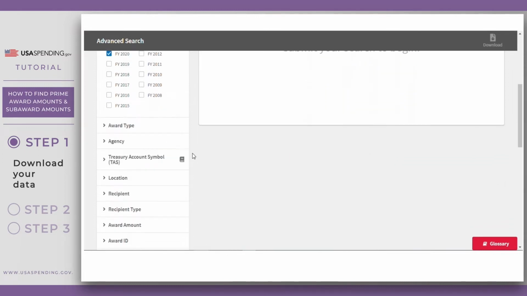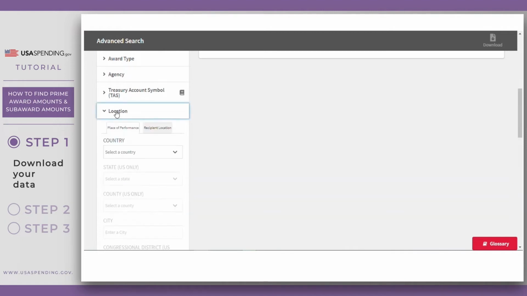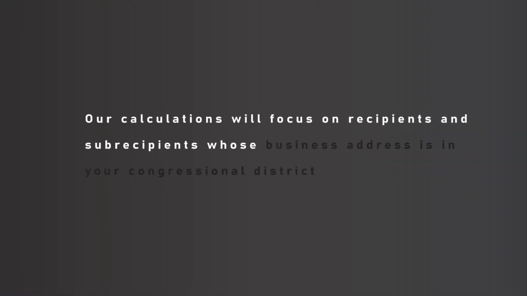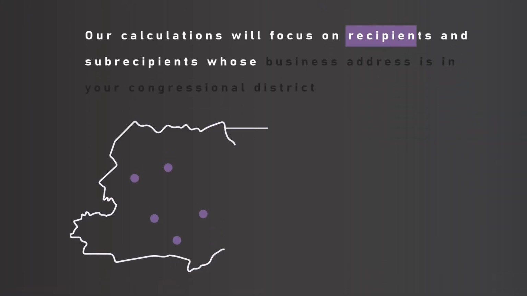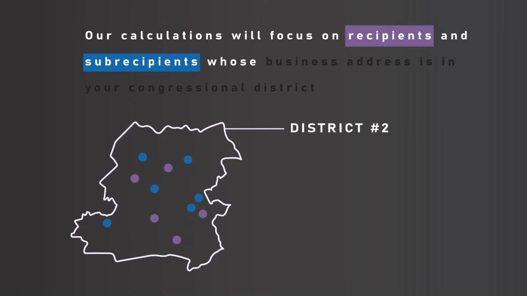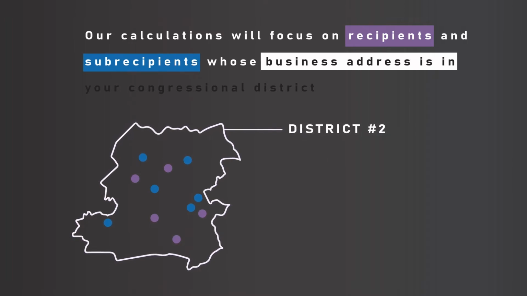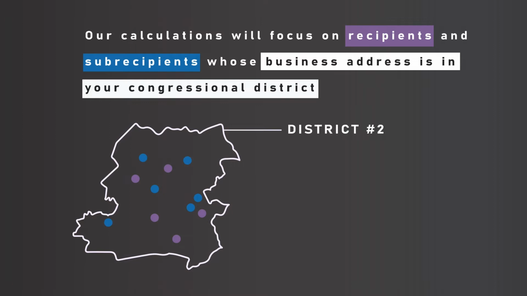Next, use the Location filter to select your congressional district. Our calculations will focus on recipients and subrecipients whose business address is in your congressional district.